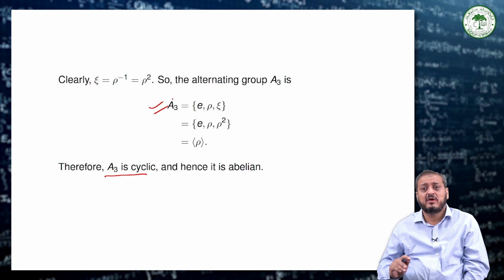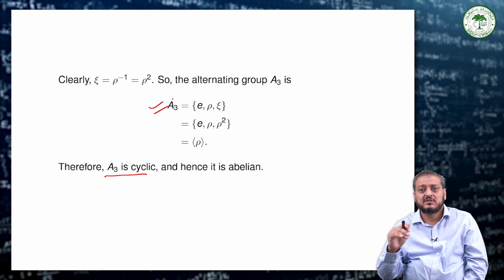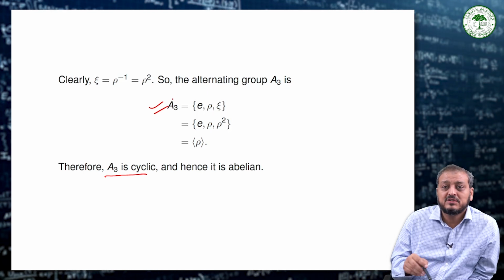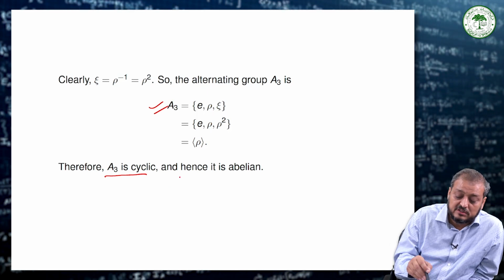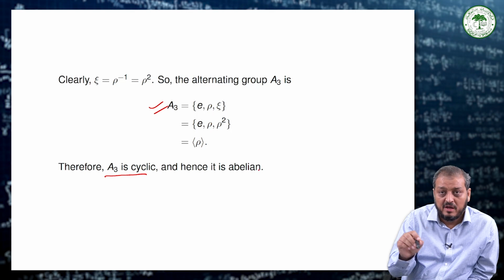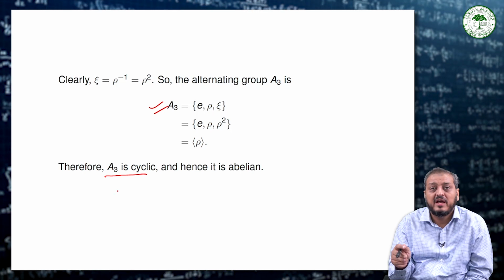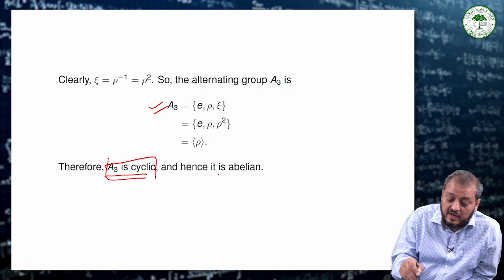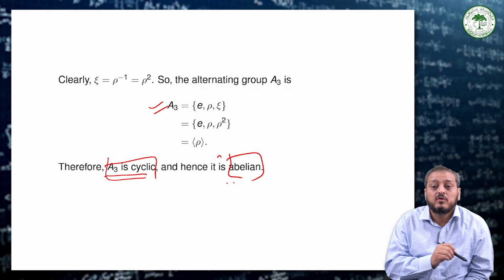Initially S3 is not an abelian group, S3 is a non-abelian group, but we find a subgroup that is a cyclic subgroup, and S3 is also not cyclic. Because S3 is non-abelian, clearly A3 is cyclic and also an abelian group.